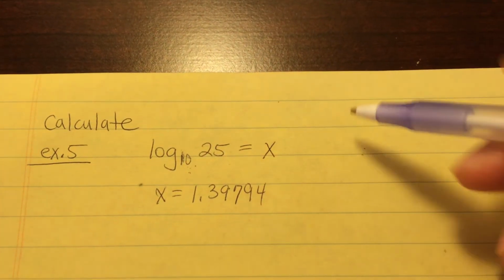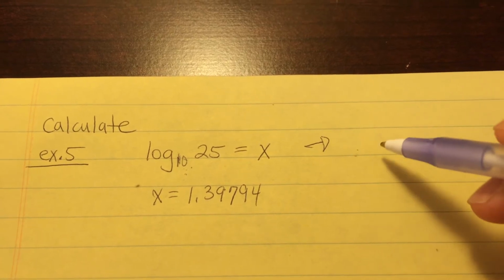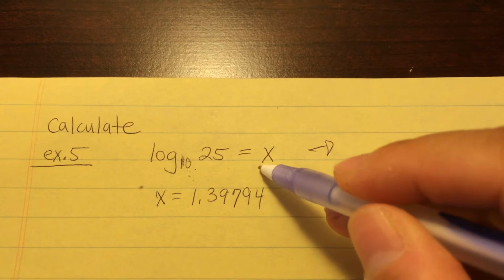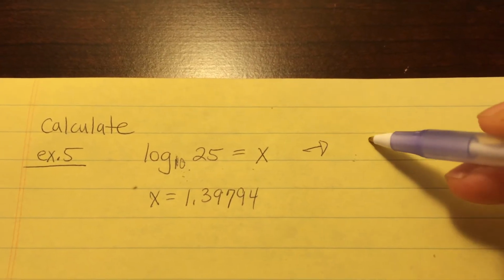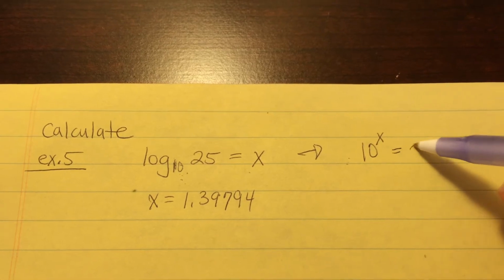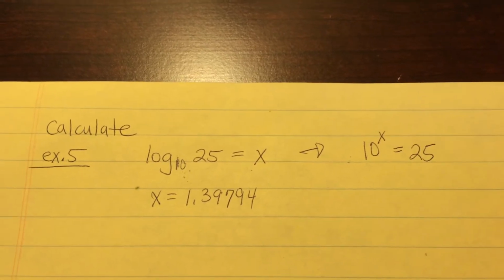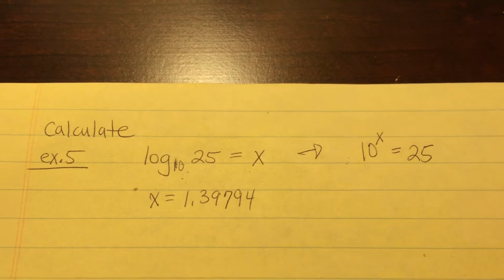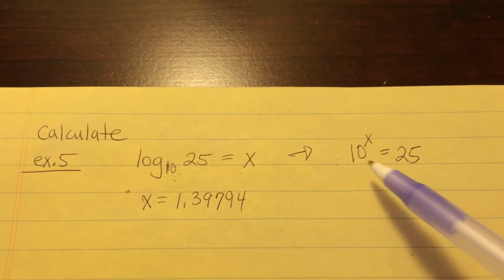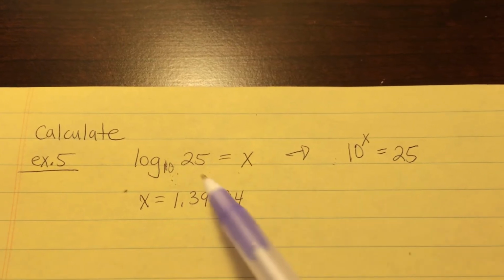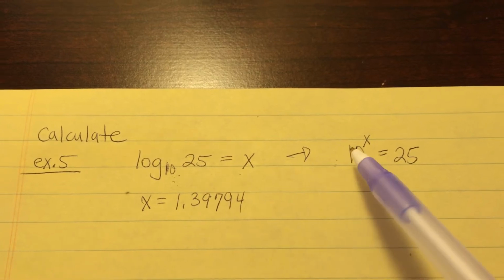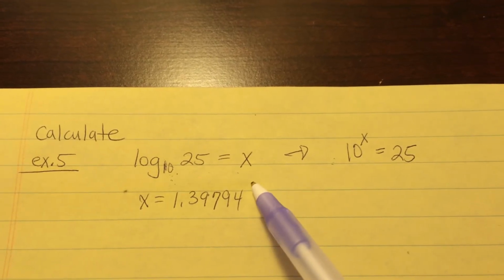So this base 10 comes over, crosses over the equal sign, and becomes 10 to the x is equal to 25, okay? So that doesn't change. Again, you can always check your work by bringing the 10 over to the other side. 10 becomes a log base 10, 25 gets moved over, and then x drops down from being an exponent, okay?